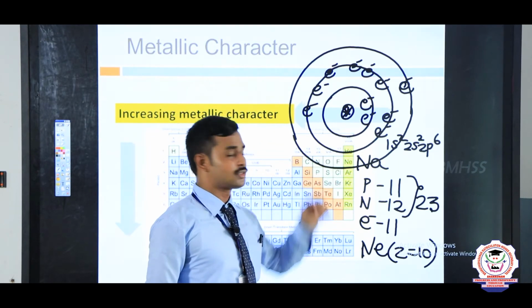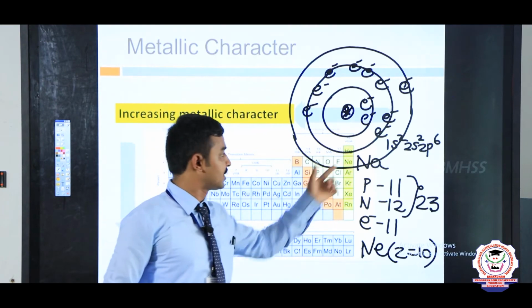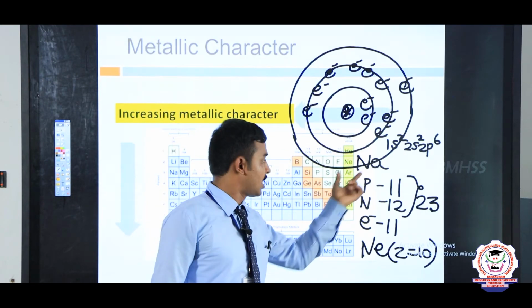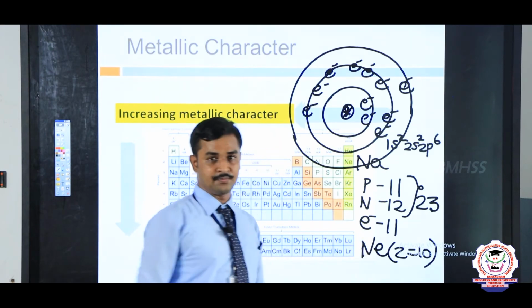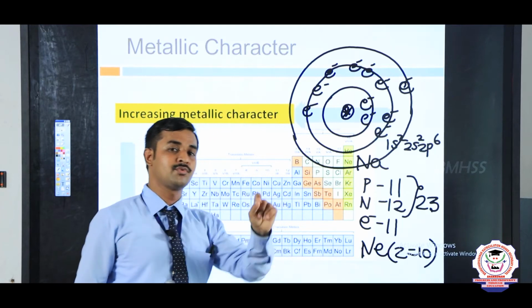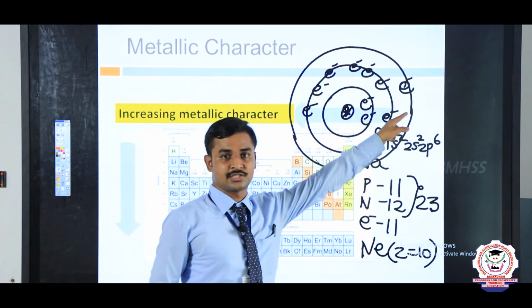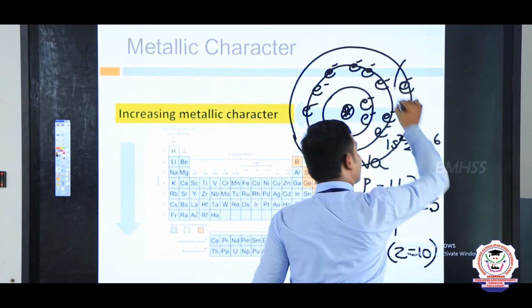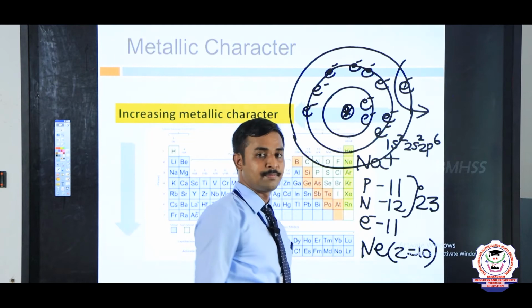So, sodium also wants to behave like a stable compound. To get stabilization, it wants to get an electronic configuration like a neon atom. To change into a neon atom, it wants to remove one electron because it contains one extra electron. So, sodium likes to remove one electron and then sodium can form Na plus.